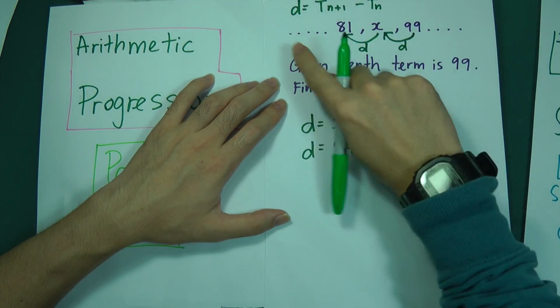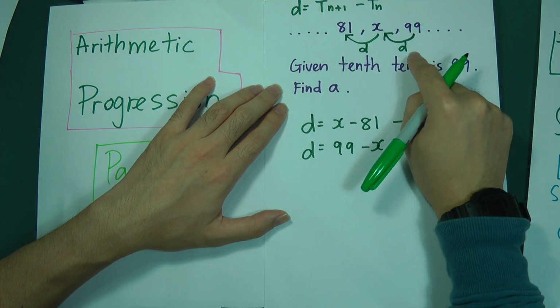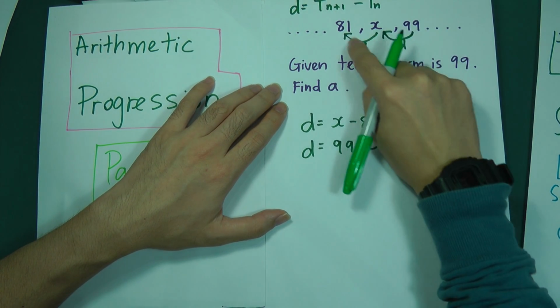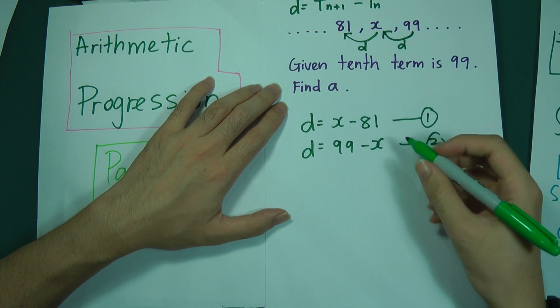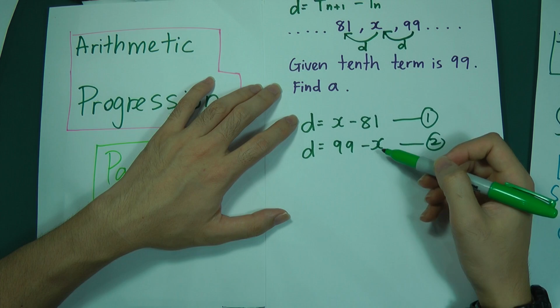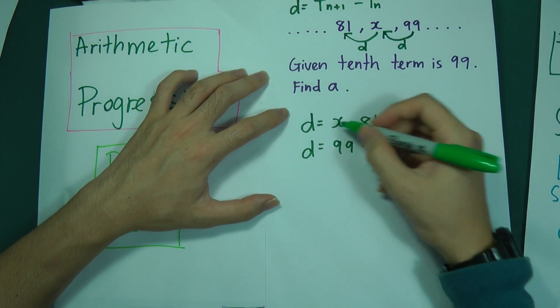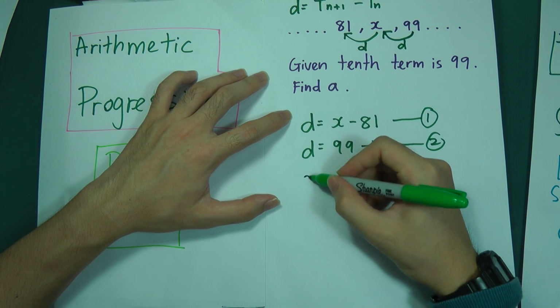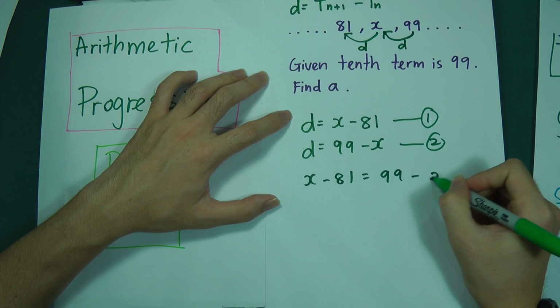Because as long as this is an arithmetic progression, the d must be constant, means all of the d must be the same value. This one is very important. Therefore, I can substitute 1 into 2, I can substitute d into d, and I get x minus 81 will equal to 99 minus x.